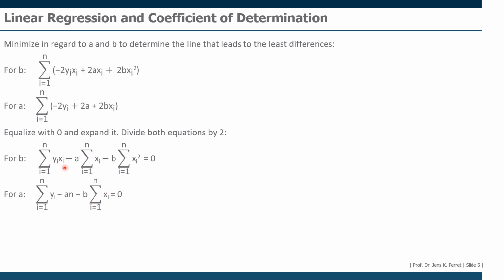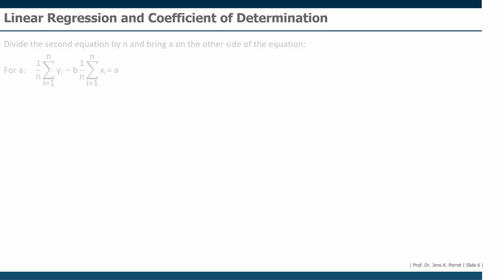So we can use this and then reformulate these two equations. Particularly for the first part, for the second equation, we can divide it by n and then bring the remaining part a to the other side. So in other words, once we know b, we can easily calculate a.